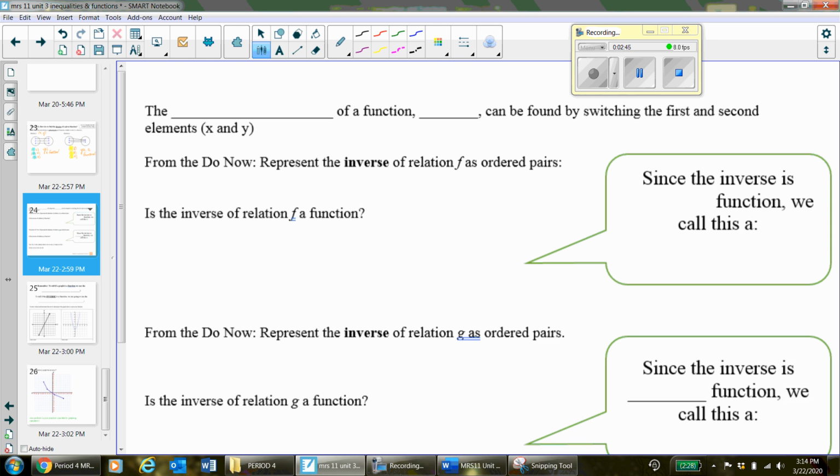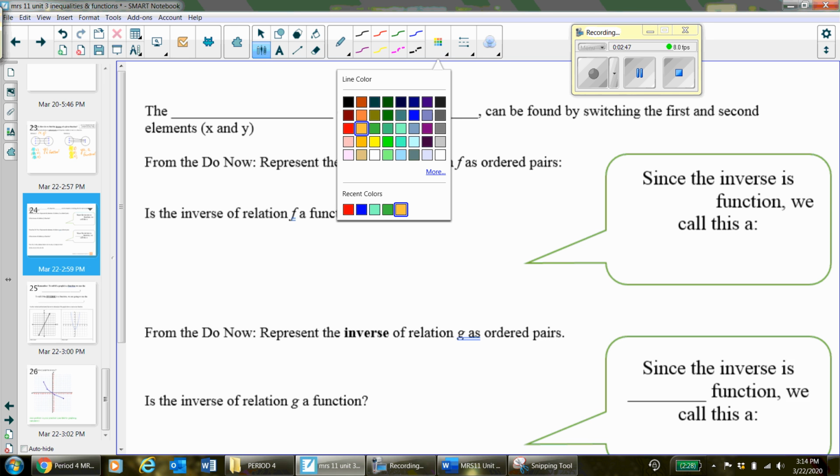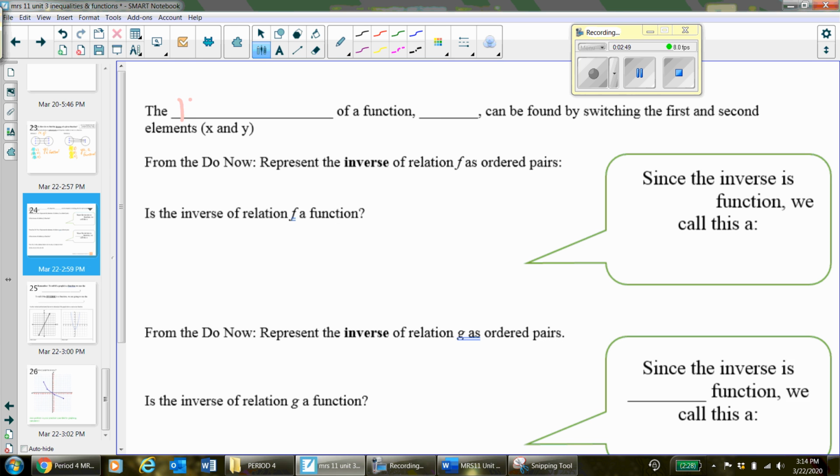Okay, the inverse of a function can be written as f^-1 of x. The -1 looks like an exponent, but it's not an exponent.